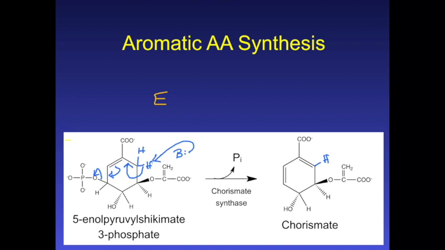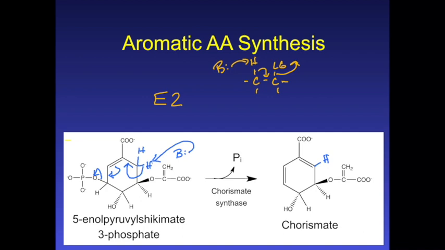It is also an E2, but an E2 we know of as this: leaving group, proton. The proton gives, that falls off, the leaving group goes. Well, that didn't happen here.